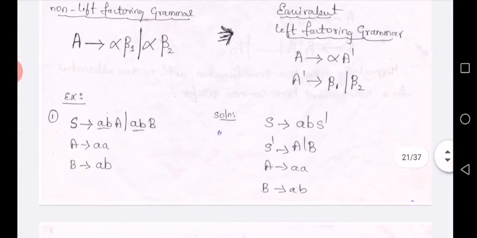Then in case of B, if I substitute S dash as B, then you get AB capital B. Then if I substitute B as AB, the outcome will be AB, exactly.